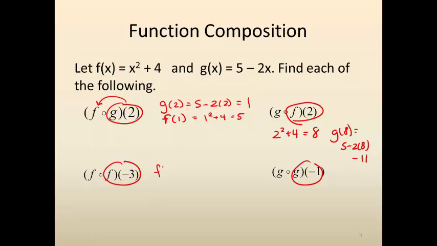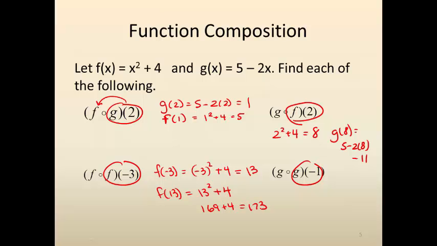So we'll write f of negative 3, and that will give me negative 3 squared plus 4, which is 9 plus 4 is 13. And then I put in f of 13, which is 13 squared plus 4, which is 169 plus 4, or 173.